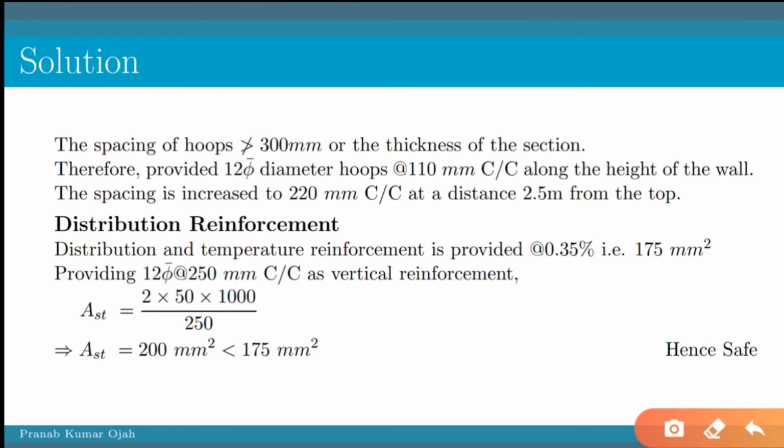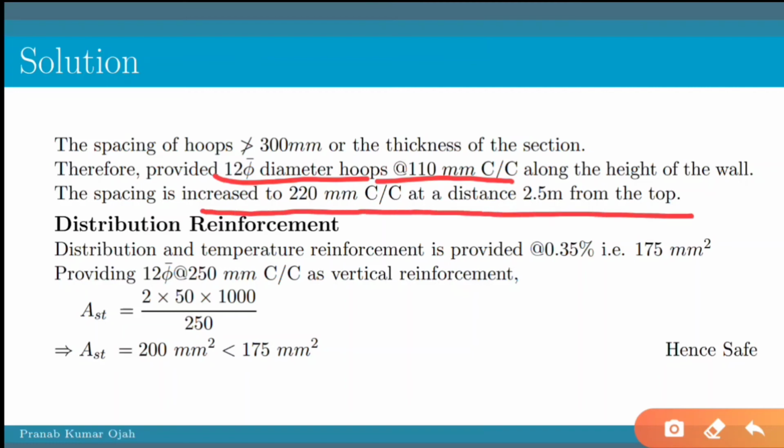Already we have designed these 12 diameter hoops at 110 mm center to center, and we have discussed why the spacing should be doubled. So we double the spacing above the 2.5 meter height. In this way we provide the hoop reinforcement.